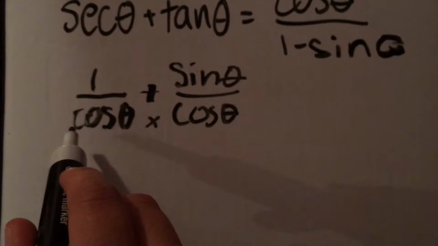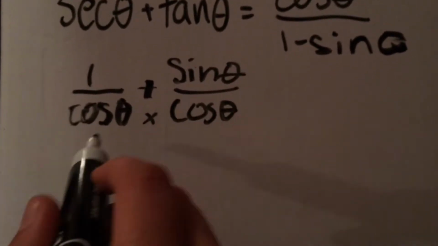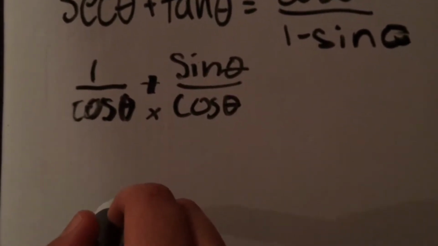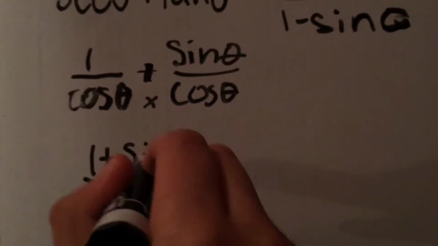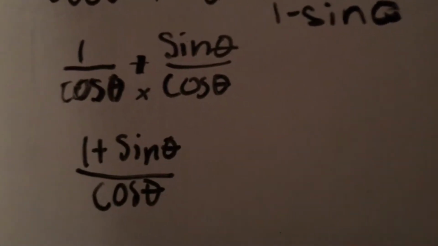But since these two fractions have the same denominator, it'll just stay the same: 1 plus sine theta over cosine theta, since they're added together. So now you see, oh, I finished.